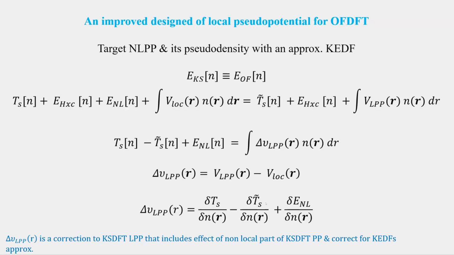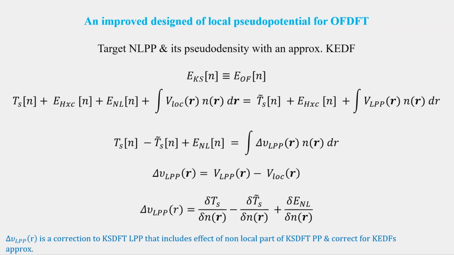So an improved design for local pseudopotential is as follows. This is our approach. Our target is the non-local pseudopotential and its pseudo density with an approximate kinetic energy density functional.